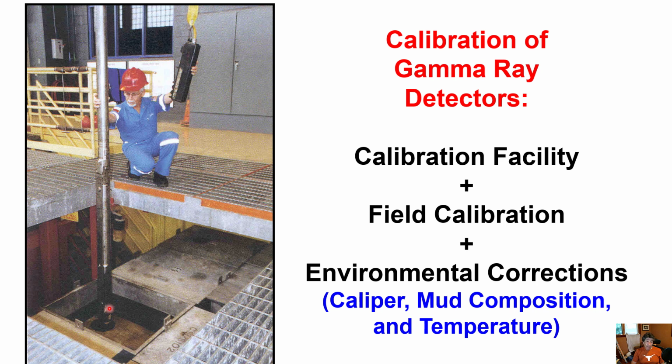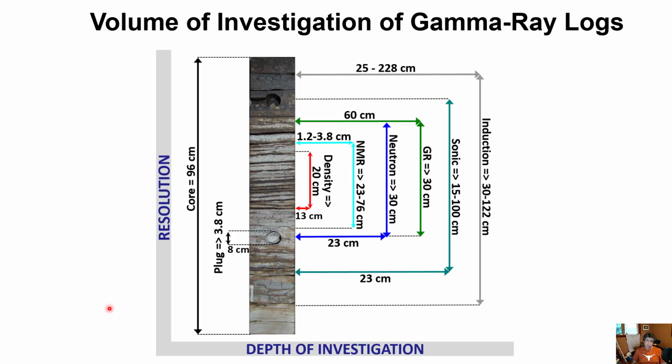Because of that, the count rate will be abnormally low, not because the rock has negligible concentrations of potassium, thorium, and uranium, but because many of the gamma rays that came from the formation were absorbed in the mud. So those are the things that we have to take into account.